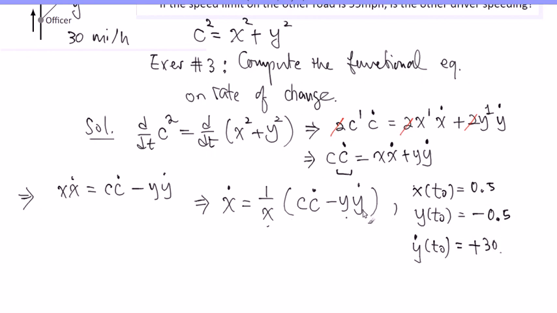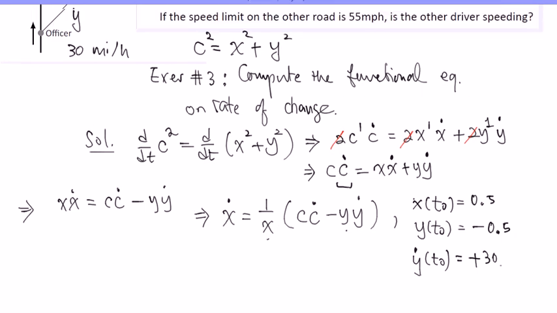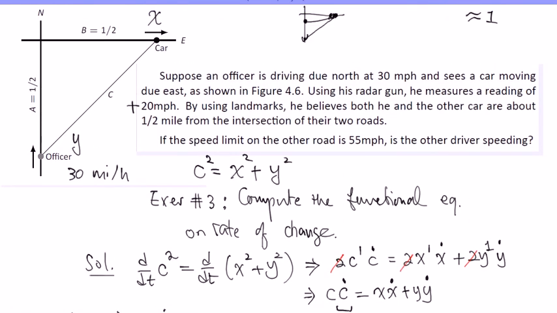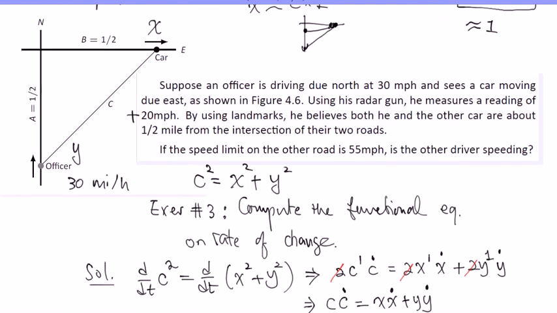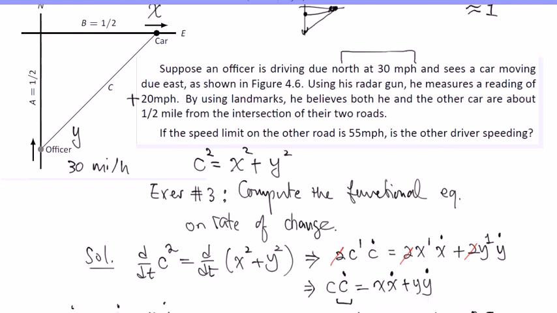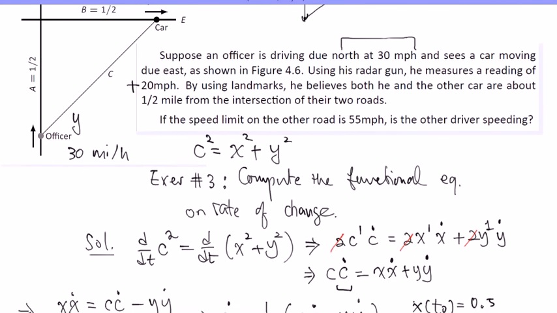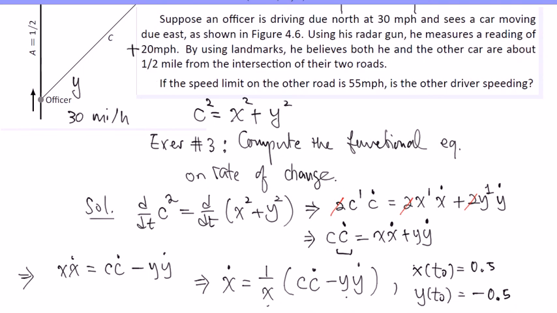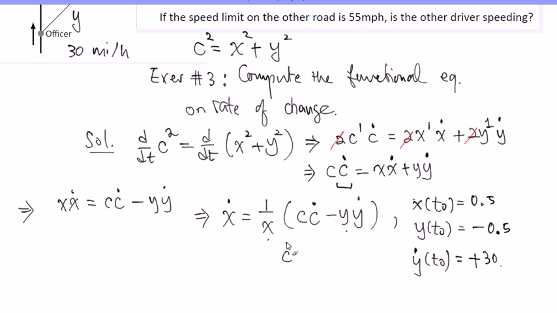So we got y dot, y, and x, right? We have c dot. What is c dot in this problem? I was wrong about this 20. 20 is the reading, and 30 is how fast it's moving, right? Oh, I wasn't wrong. It was there, 20 miles. So I'm just going to write that down. c dot at t0, at that instant, the reading of the speed gun was positive 20, right?